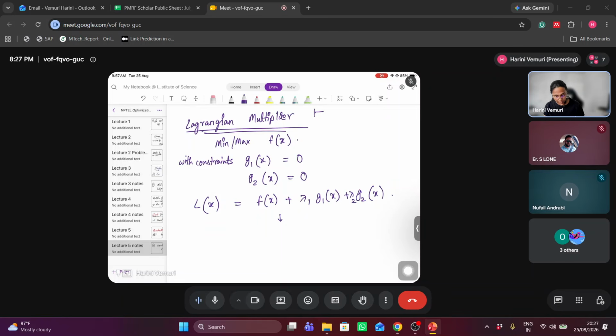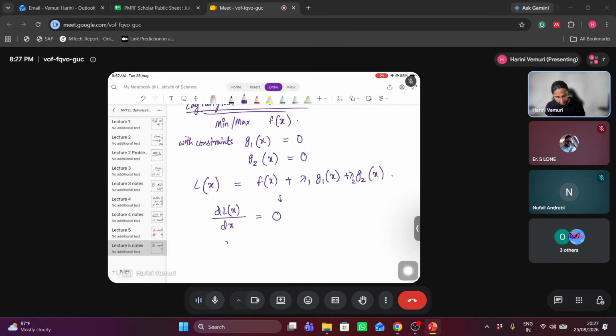How we will solve it: since it's a single variable in x, dL of x by dx should be equal to 0, and for the other constraints, it will still be a partial derivative.